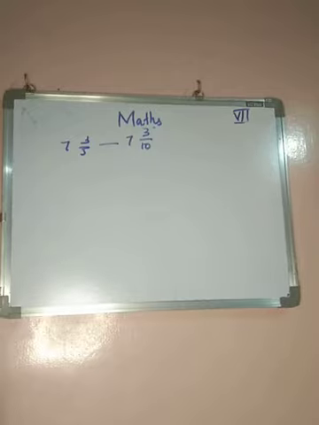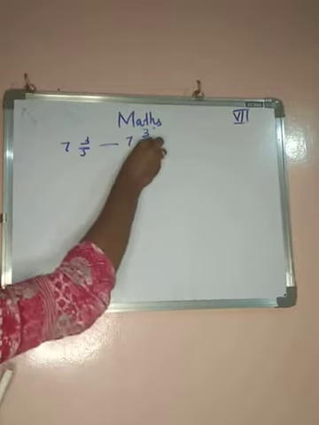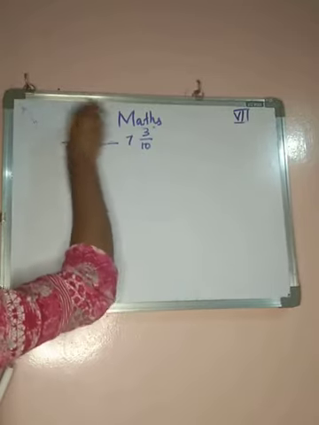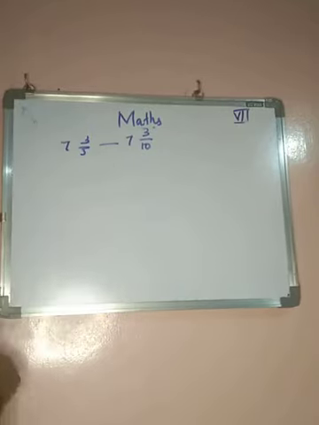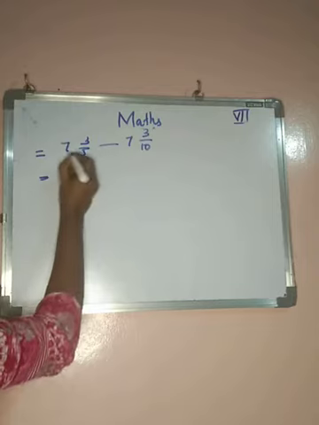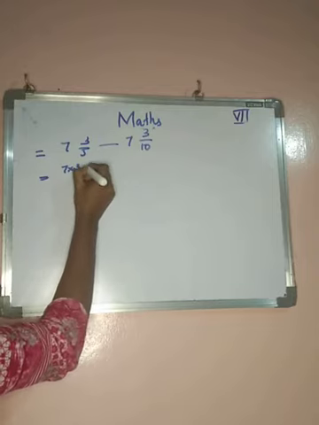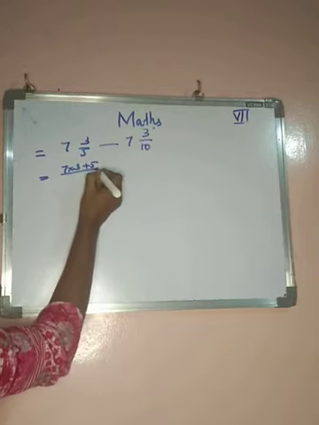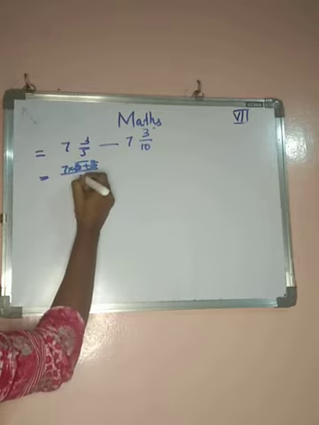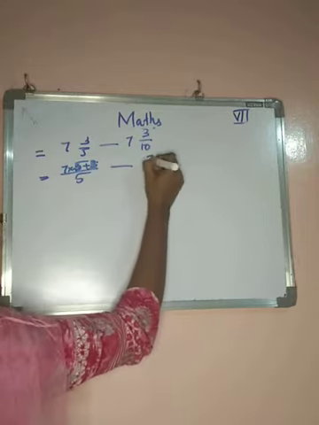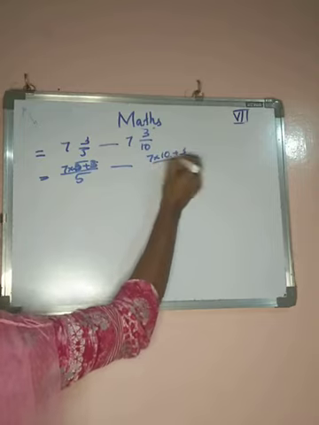First, these are mixed fractions. First of all, we convert them to improper fractions. We get 7 into 3 plus 5 by 7 into 5 plus 3 by 5, minus 7 into 10 plus 3 by 10.